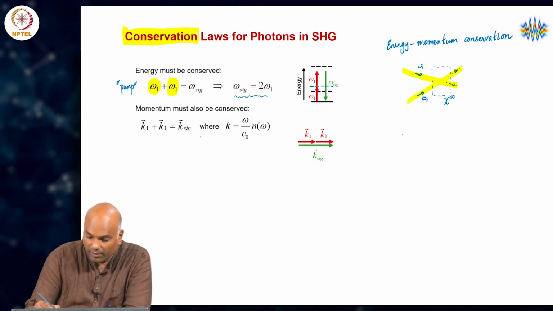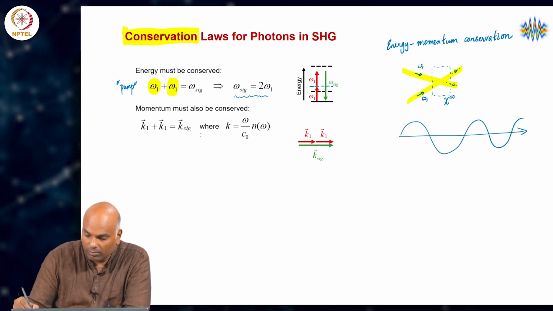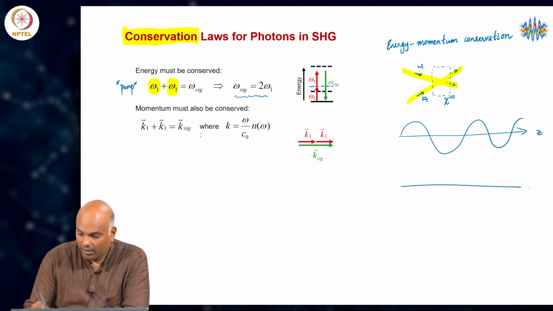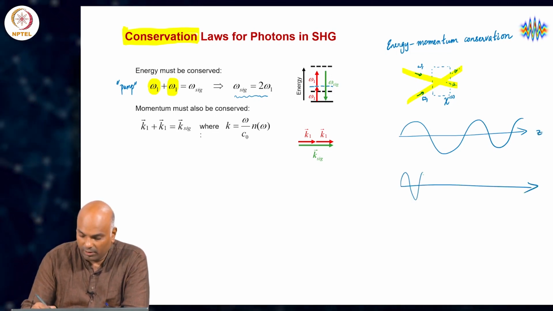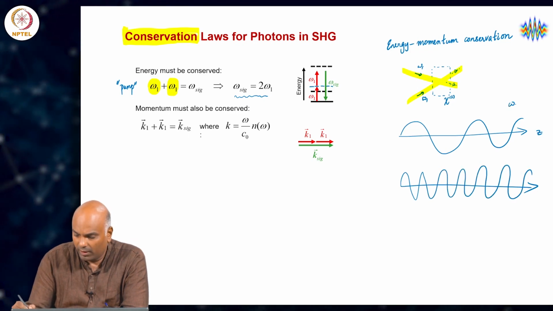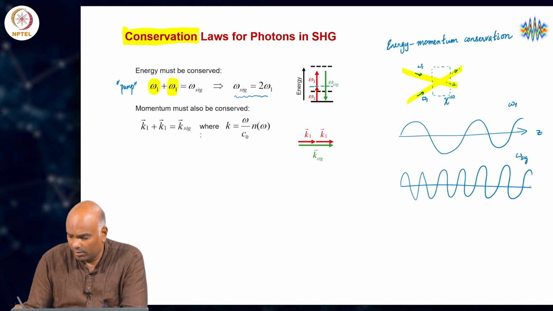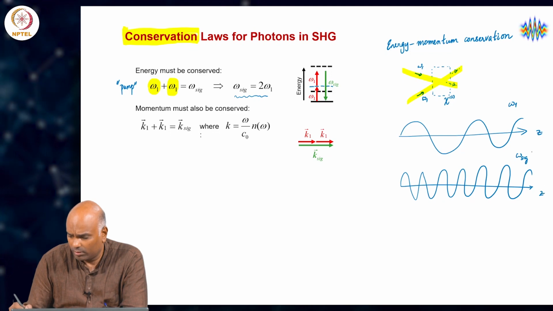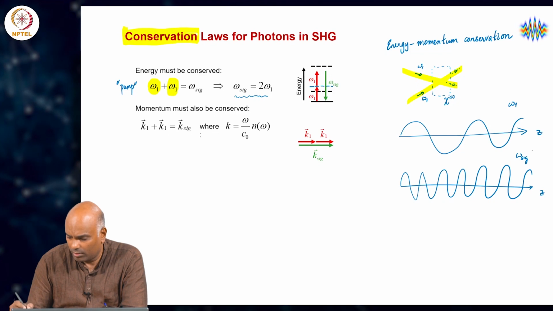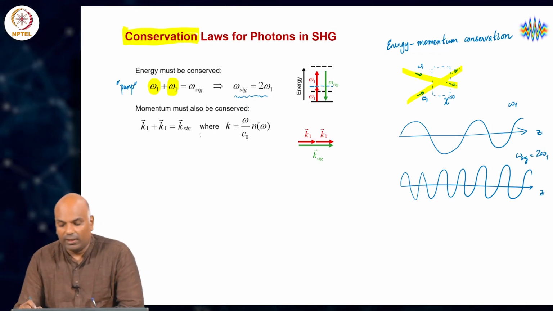In terms of the picture, say in the frequency domain, if z is the propagation direction, we had omega 1, omega signal, which is twice omega 1.